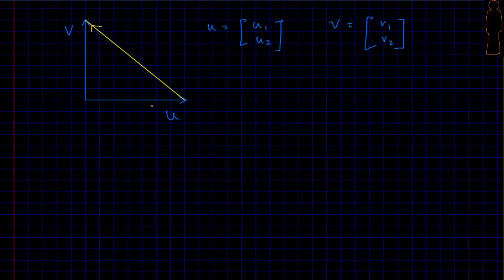Okay, let's say that I have u and v vectors, and let's assume that they are perpendicular to each other, and let's also assume that the components for u are u1, u2, and the components for v are v1 and v2. The first thought that we must strike is: what is the vector that is drawn in yellow, right?